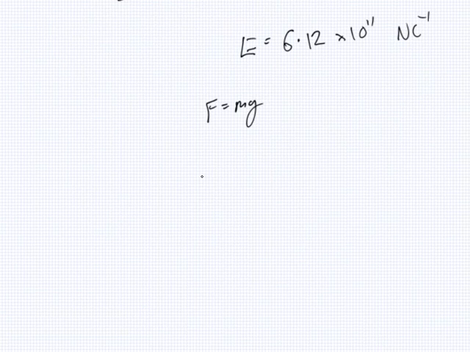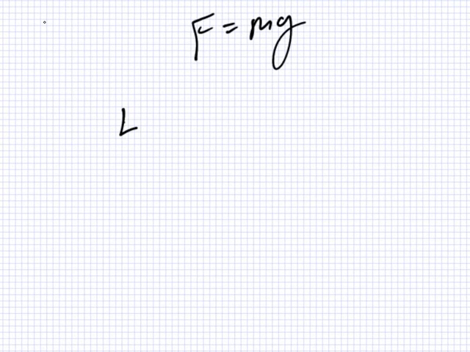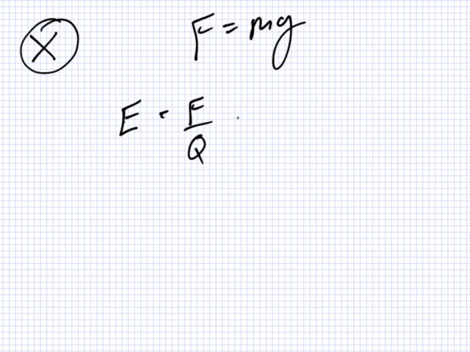No, let's try E equals to F over Q. Yes, let's try. Now I think this is wrong, so don't write it down. E equals F over Q. F over Q. Right. Equal MA over Q. No, let me try this first. Let him try. Okay, go on. And A is 2 times 10 negative 3.